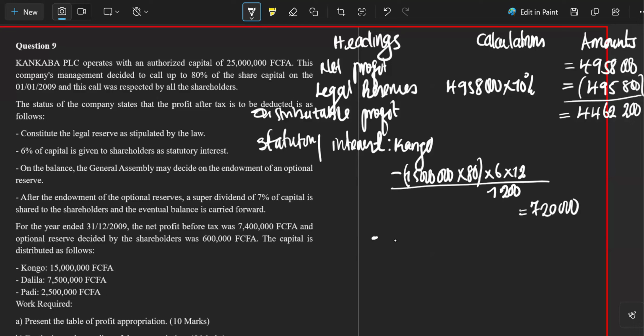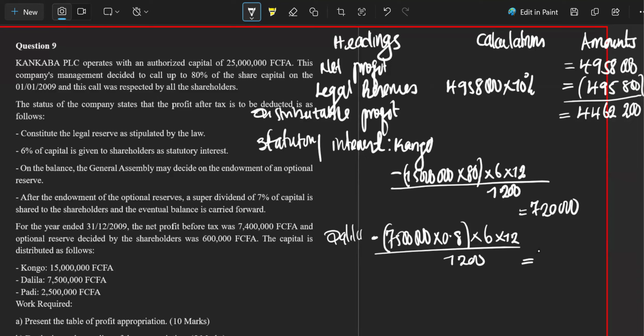We come down to the next person, Dalila. We take 7.5 million times 0.8, times 6%, times 12, divided by 1,200, which equals 360,000.